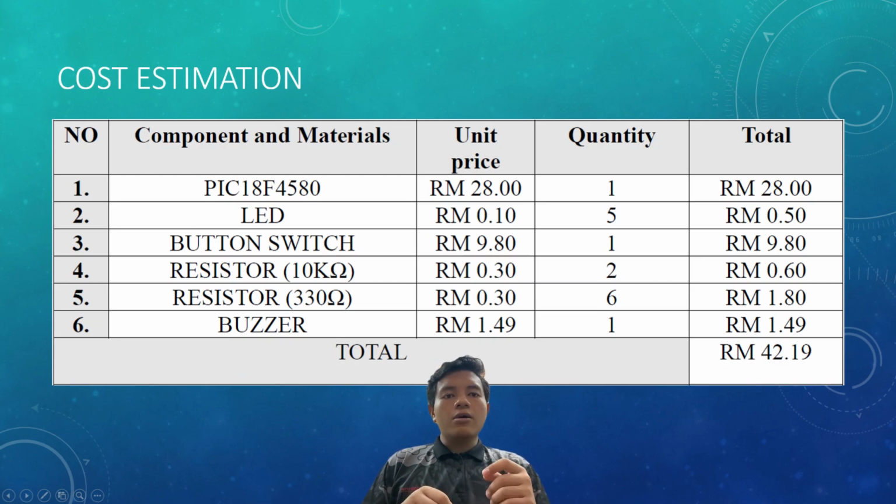For the 10 kilo ohm, we bought 2, which cost only 30 cents. For the 330 ohm, we bought 6, which cost only 30 cents each. For the last component, we bought a buzzer, which costs 1 ringgit 49 cents. Overall, the total cost for our mini project is only 42 ringgit and 19 cents.